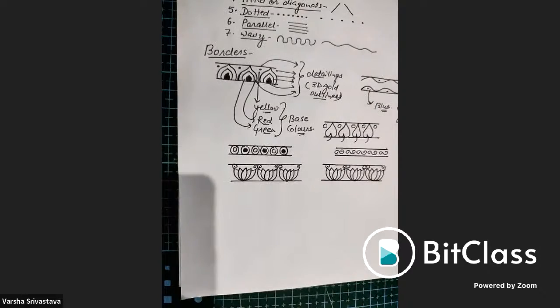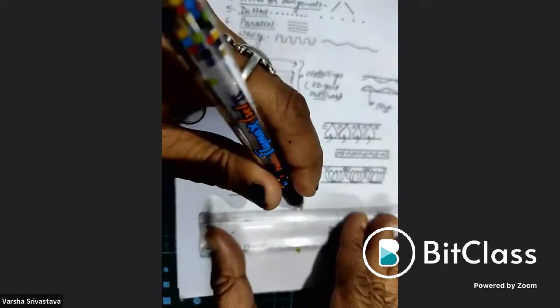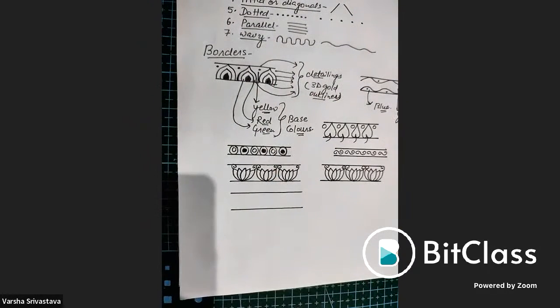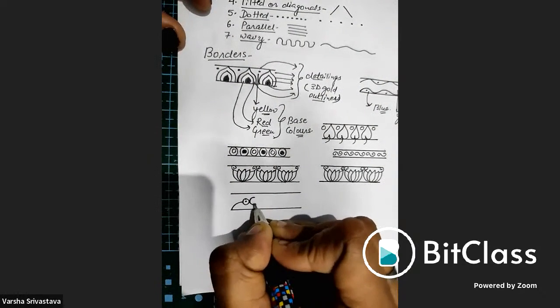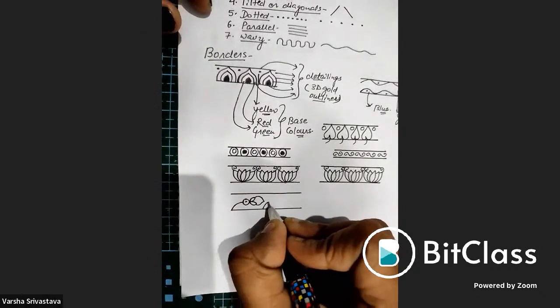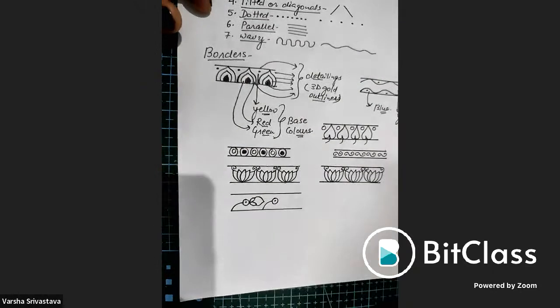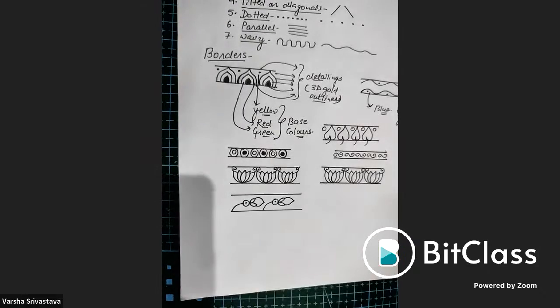Now I'm going to make the buds. Medium size border again. And we will be making the buds in this. Okay. For making the buds, I am just making a curve, hollow circle, dot, semicircle, two curves, and a dome. Curve, hollow circle, dot, semicircle, two curves, and a dome like this.